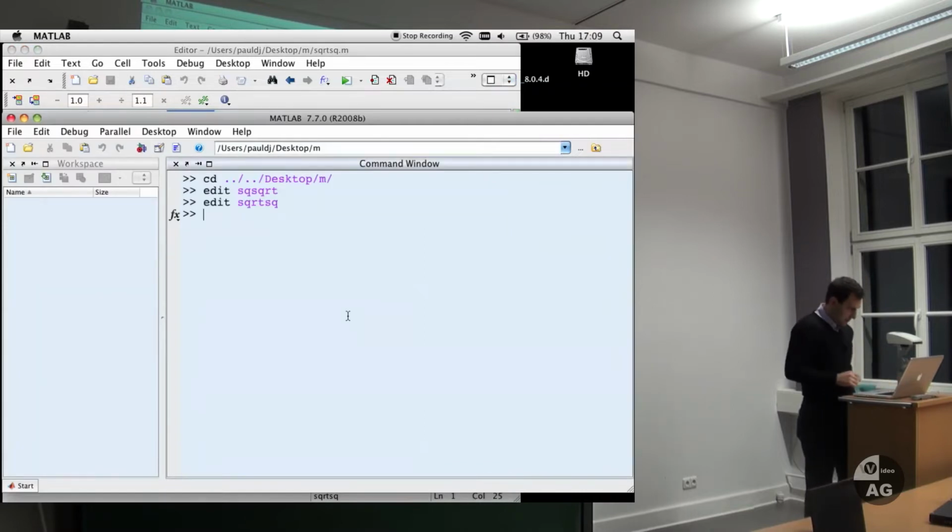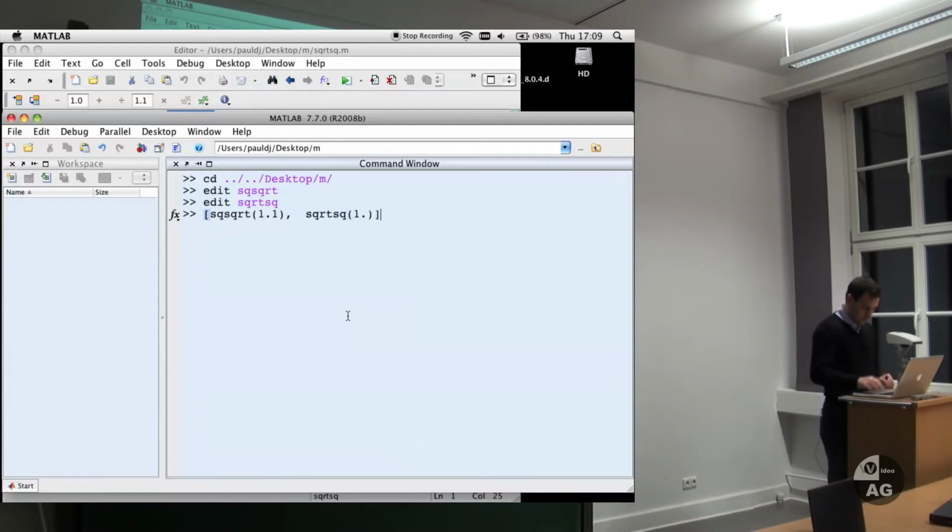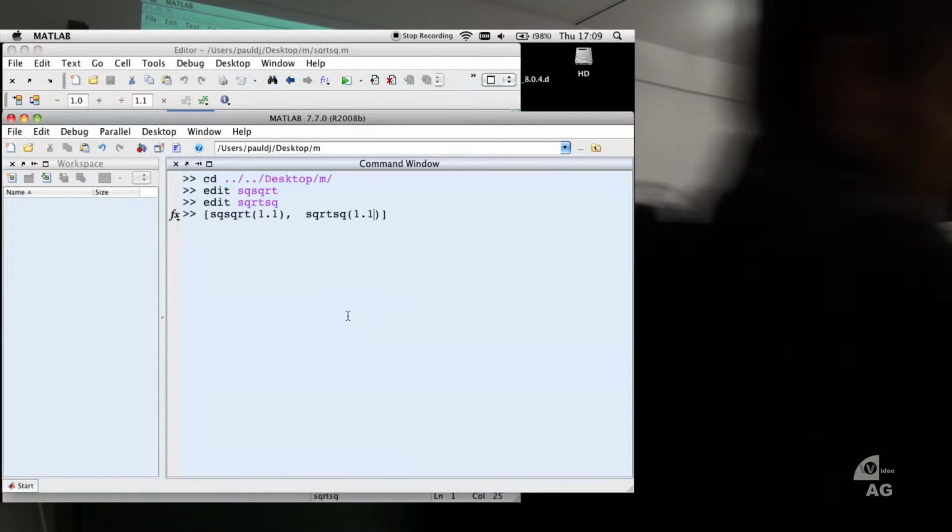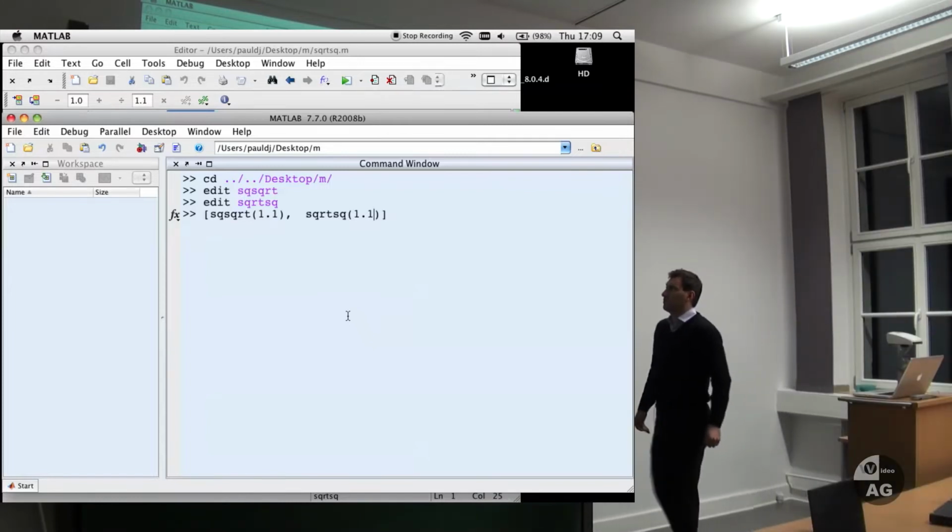Okay, let's try this out. What can we do? For instance, we can do a square root of 1.1. Right. Square. Okay. What do we expect?